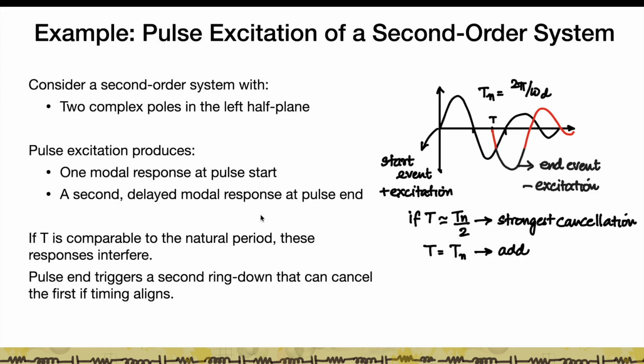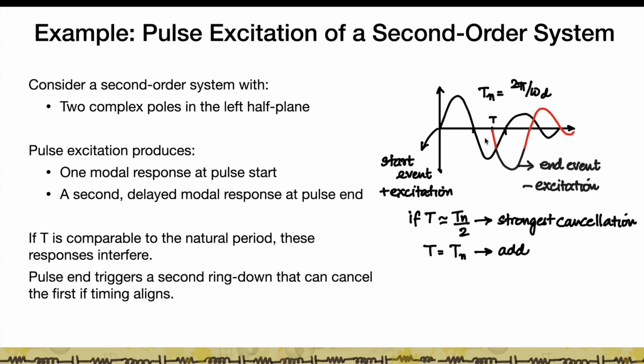Let's apply that to a second order system with complex poles. A second order system can ring. That ring down is a mode, a decaying sinusoid. So if you apply a pulse, you get one ring down starting at time t equal to 0, and then at time t equal to capital T, you get another ring down starting there but with the negative sign. Now timing matters. If capital T is close to the natural period or half the period, the second ring down can land in phase or out of phase with the first.